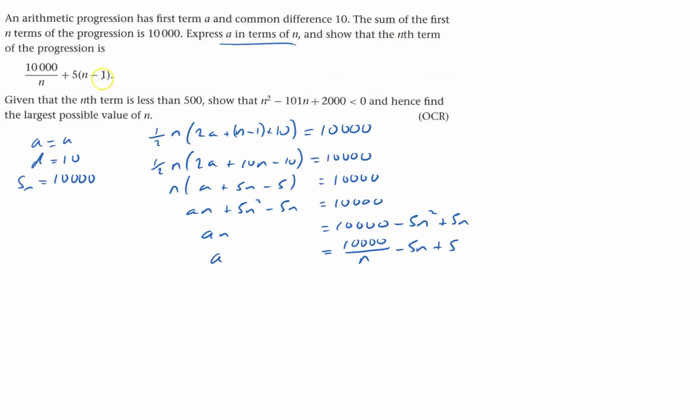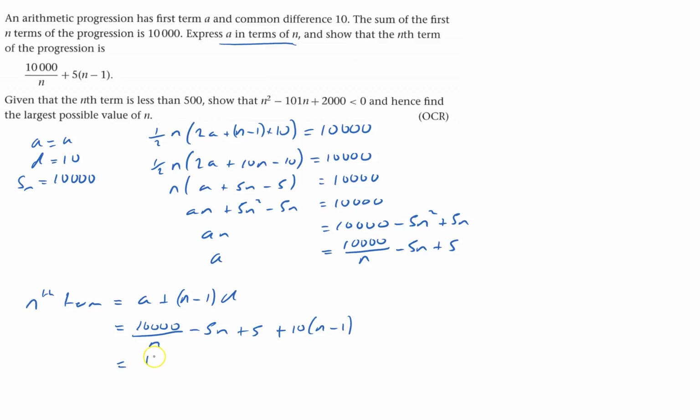Now I need to show the nth term. The nth term, it's on the formula sheet, equals a plus (n minus 1) times d. We just worked out what a is, so it's 10,000 over n minus 5n plus 5, and then I'll add 10 lots of (n minus 1).